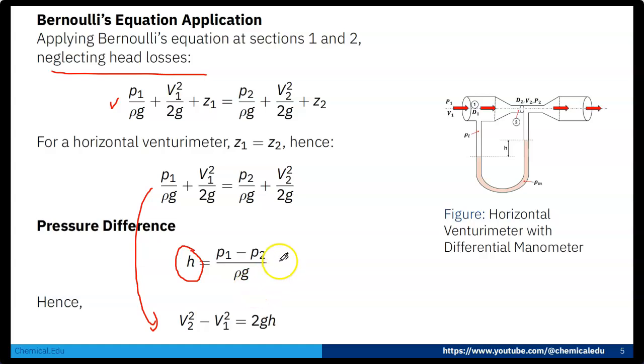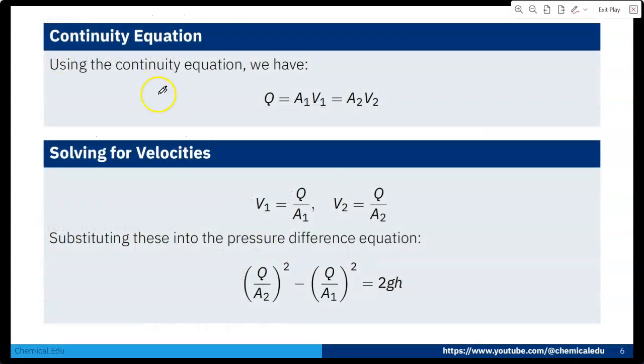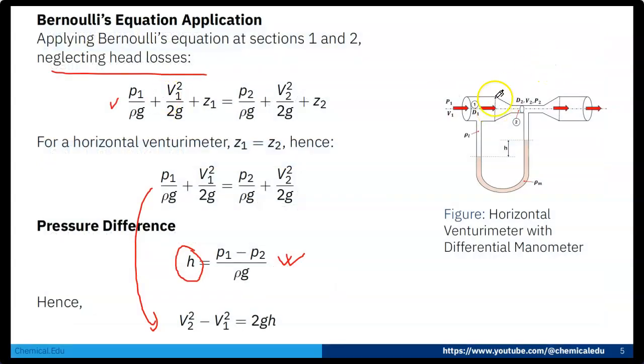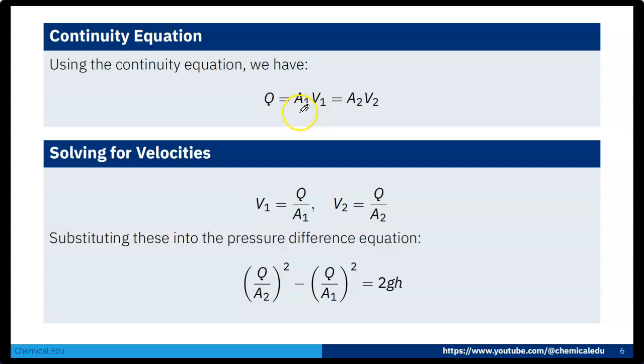Now using continuity equation for section 1 and section 2, we can write Q is equal to A1 V1 is equal to A2 V2. So V1 is nothing but Q by A1, V2 is also nothing but Q by A2.